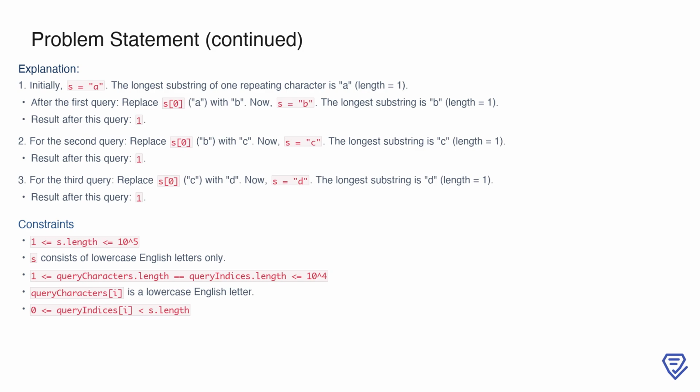For the first query, we replace a with b, resulting in the string b. The longest substring is now b, which still has a length of 1. For the next two queries, we continue replacing the character at index 0 with c and d, respectively. Each time, the string changes, but since there's only one character in the string, the length of the longest repeating substring remains 1 for all queries.